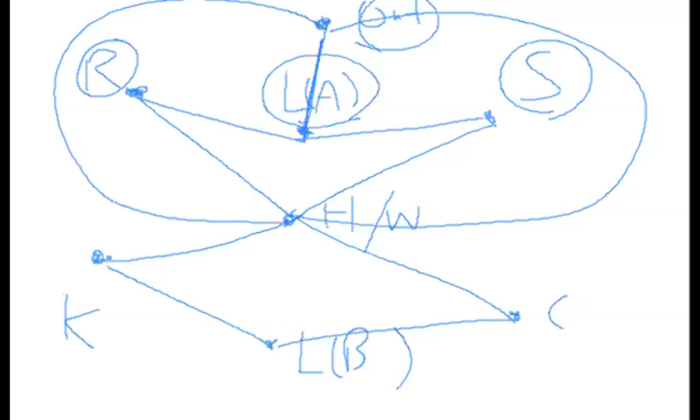How about this one? This one, degree 2. 1, 2. How about this one? 2. 1, 2. How about this one? 1, 2, 3. And some are even, some are odd. That's also important, okay? So we have the degrees for the vertices: 1, 2, 4, 2, 3.